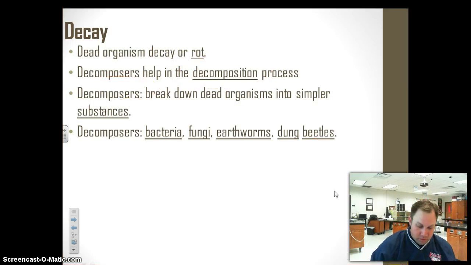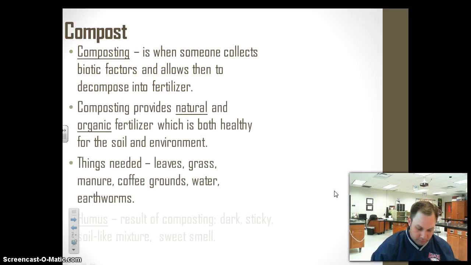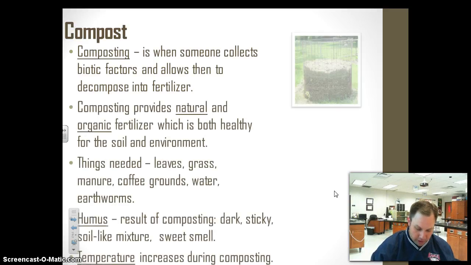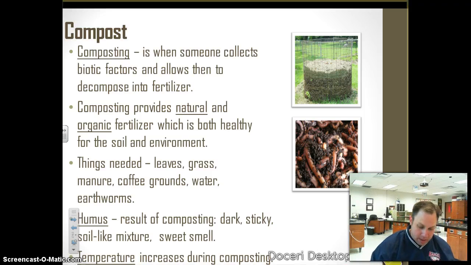And then last, composting. Composting is a process of cycling matter, and you can take substances at your house, banana peels, apple peels, grass clippings, leaves, maybe waste from the dog, and you put them into a bin and you cause this matter to cycle.